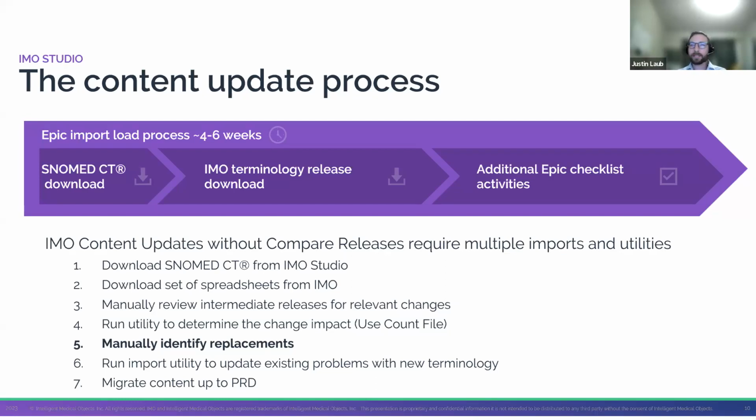Before we actually get in the tool, I want to set the table and give some detail on what compare releases is and what the value could be for you and your organization.